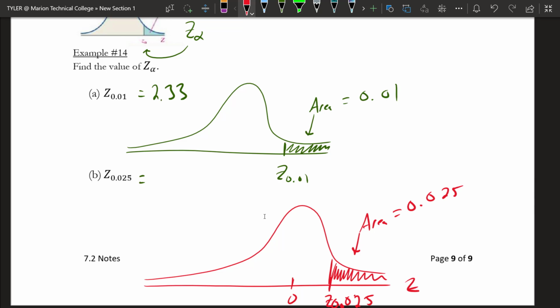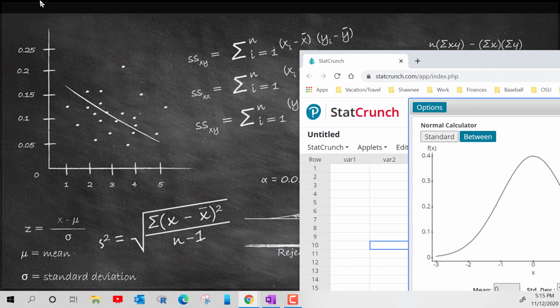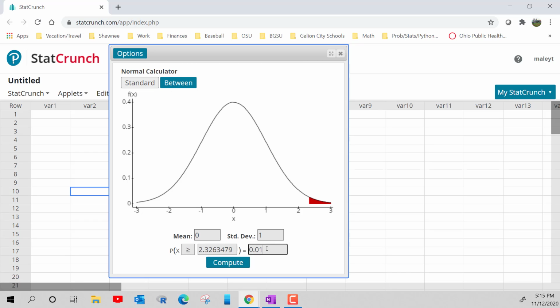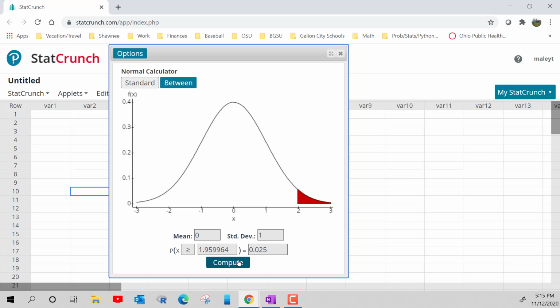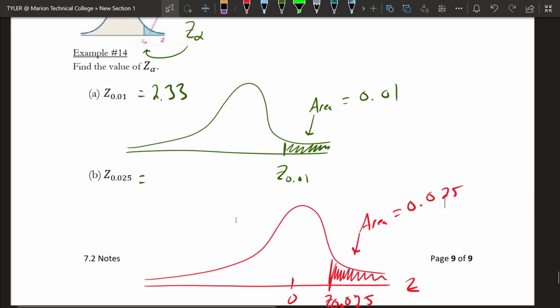So I need to figure out what that cutoff score is, right? So I'll go back to Statcrunch, again delete this value here, and the area I'm going to put in is 0.025, hit compute, and I get a z-score of approximately 1.96. So this is equal to 1.96, rounded to 2 decimal places.